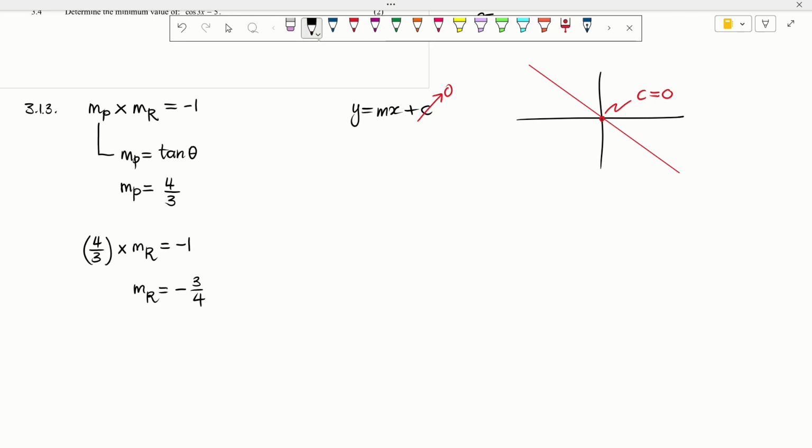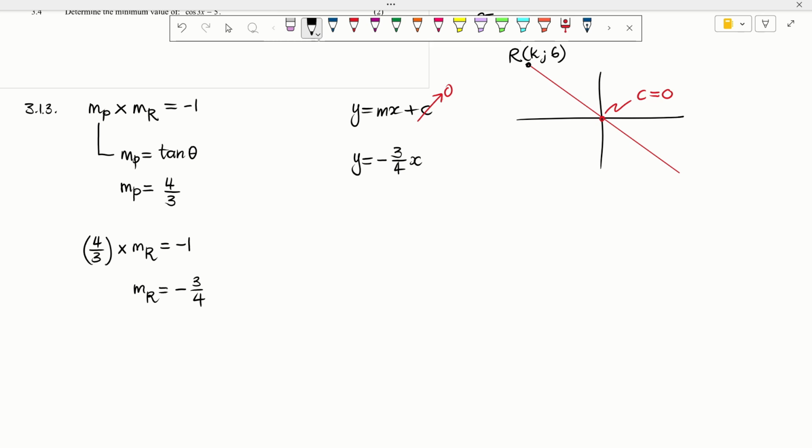So I'm basically left with y equal to mx, and I know the value of my m is just negative 3/4 multiplied by x. Then I go to the r coordinate, which was located somewhere here. It was saying k and 6. And I know that the first entry is the x. The second entry is the y.